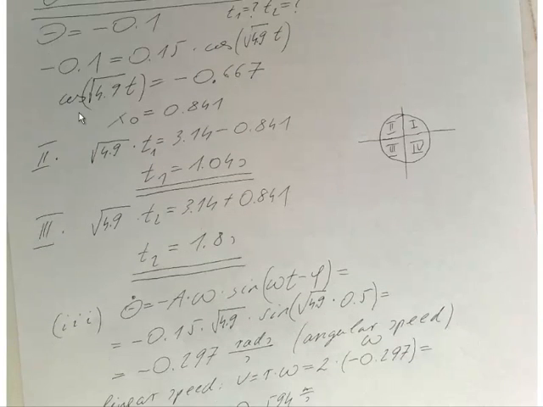We get this equation. This is a trigonometric equation. We see that some cosine is equal to a negative value. We know that cosine is negative in the second and third quarter.